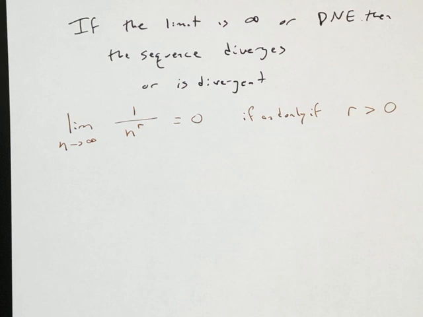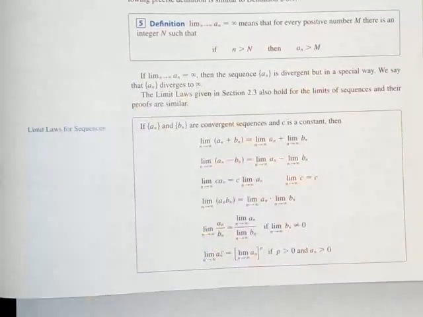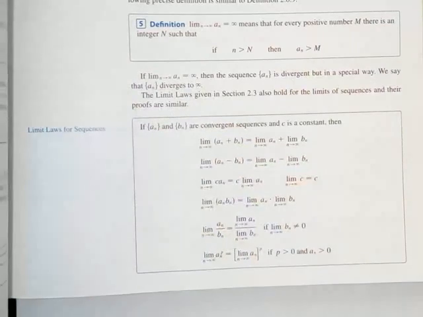Things like if you're adding functions and taking a limit, you get the same result as if you add the limits. Page 697 here is a giant list about sequences.